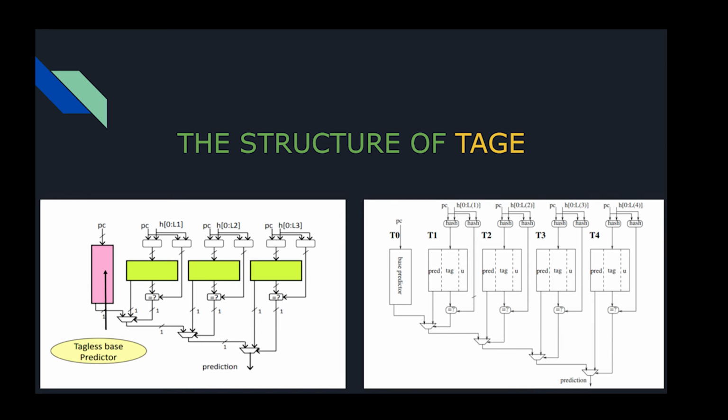Now essentially we take the matching component, that is the one whose tag matches and which has the longest geometric branch history, and we make use of that to make the prediction.